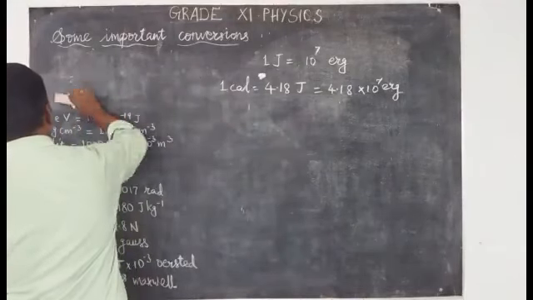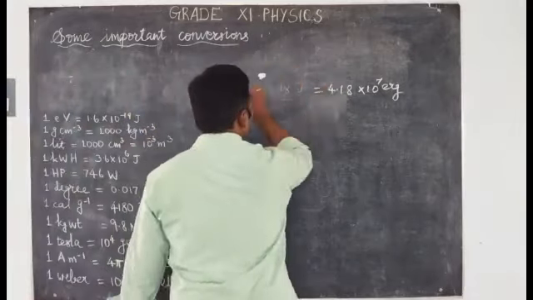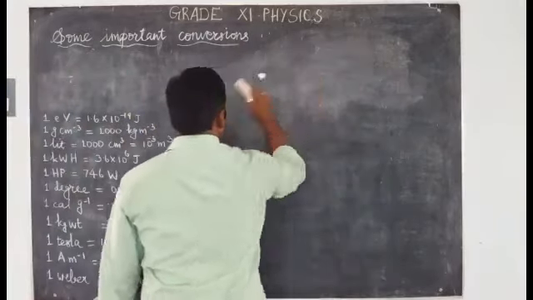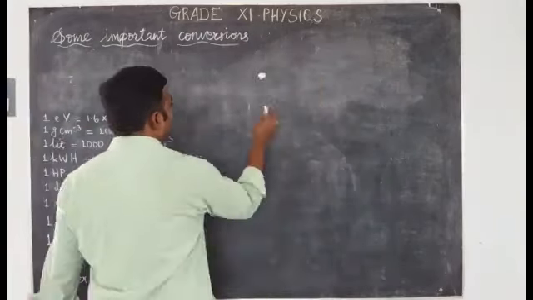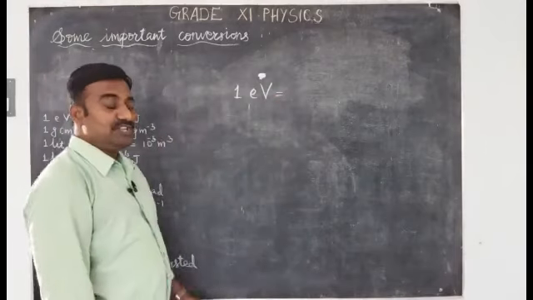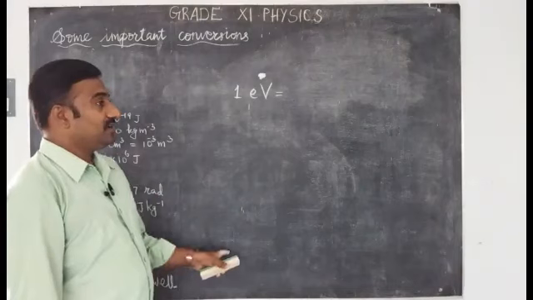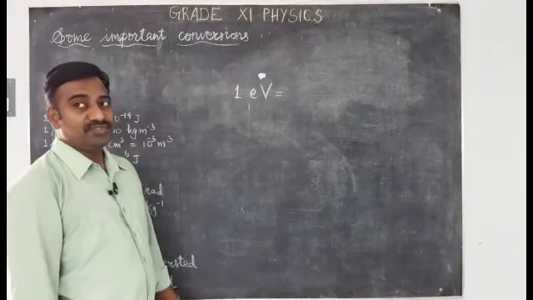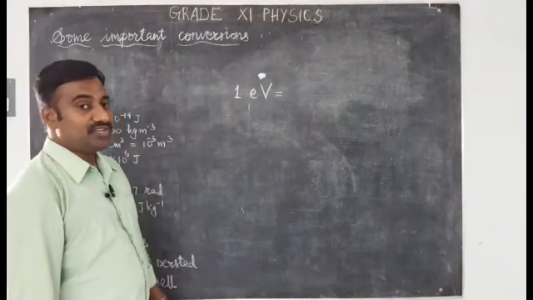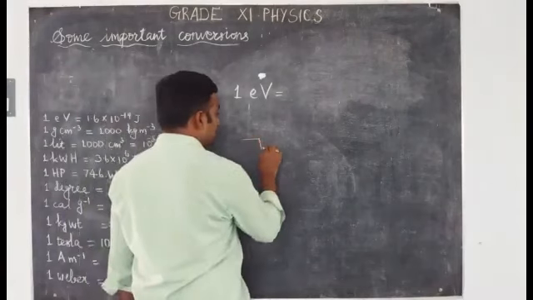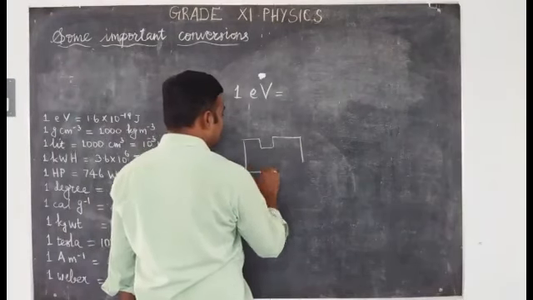Then the next one is electron volt. 1 electron volt is equal to how much? Where we use the electron volt is in your 12th standard dual nature lesson, lesson number 11. Mostly metals have free electrons.